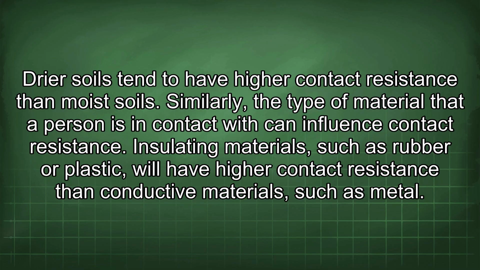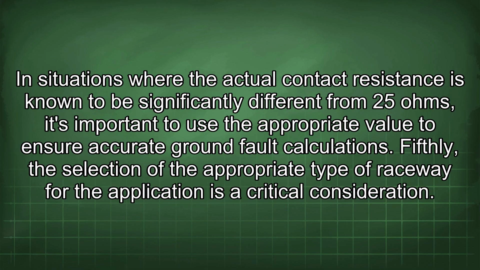Similarly, the type of material that a person is in contact with can influence contact resistance. Insulating materials, such as rubber or plastic, will have higher contact resistance than conductive materials, such as metal. In situations where the actual contact resistance is known to be significantly different from 25 ohms, it's important to use the appropriate value to ensure accurate ground fault calculations.